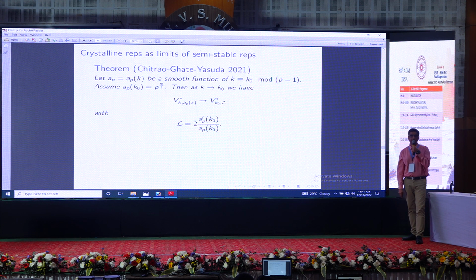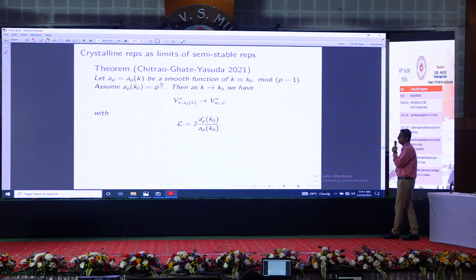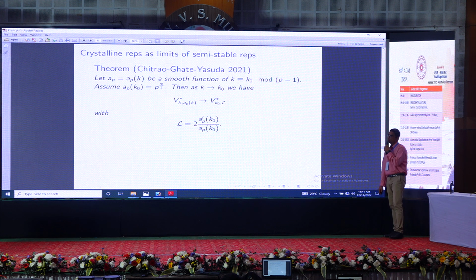More precisely, the logarithmic derivative, but there's a factor of 2 also. So these crystalline representations are converging to this semi-stable representation, and you can even predict the L-invariant in terms of some tangent direction.